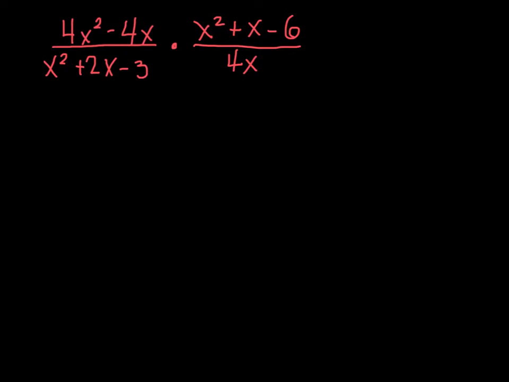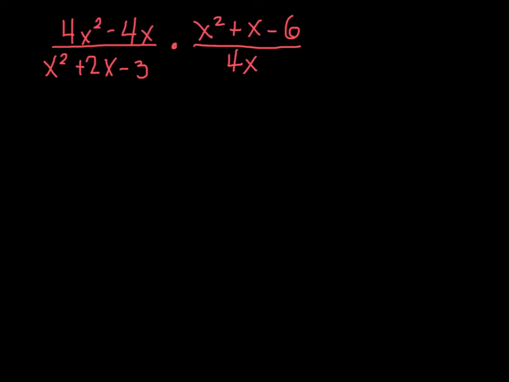So let's try this next example. I'm going to multiply this first rational fraction by this second rational fraction. And you know we multiply across the top and across the bottom when I have fractions. This is going to be really ugly if I decide to multiply that out. So the first thing I'm going to do is factor the numerator and denominator, if I can, so I can cancel out any common factors.